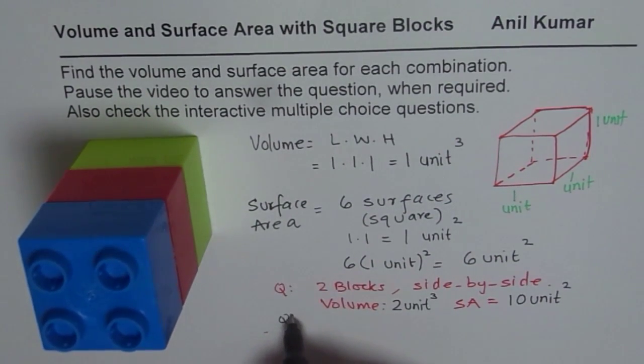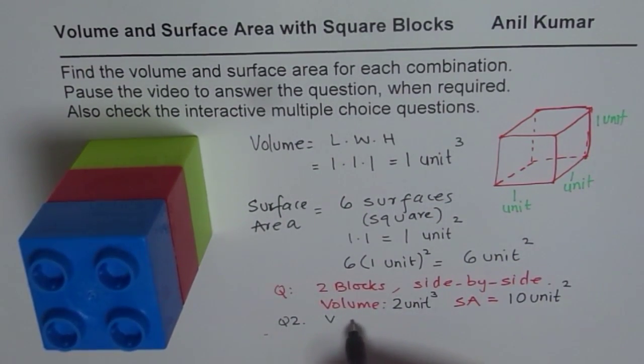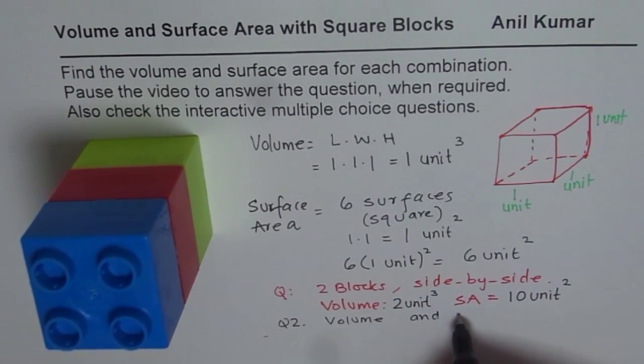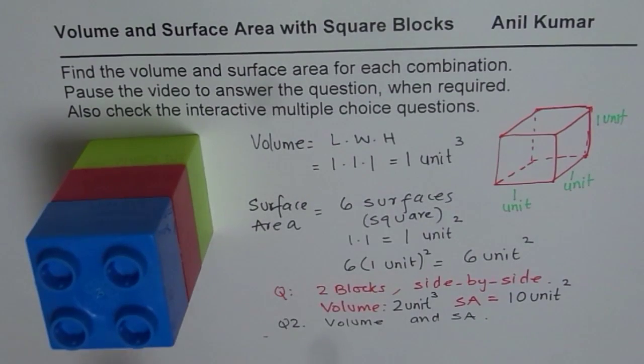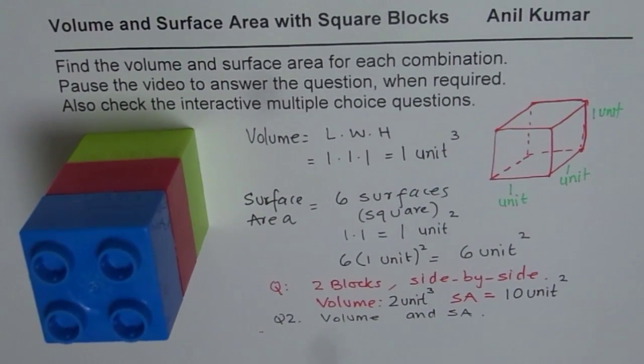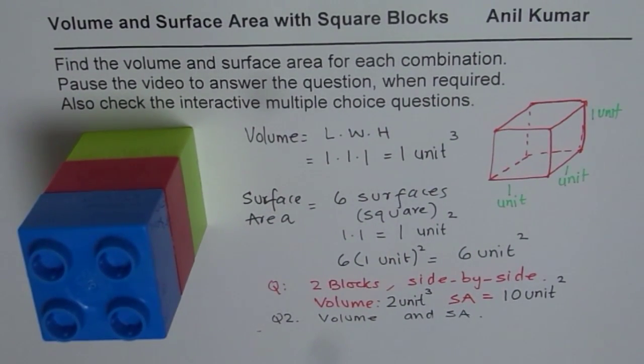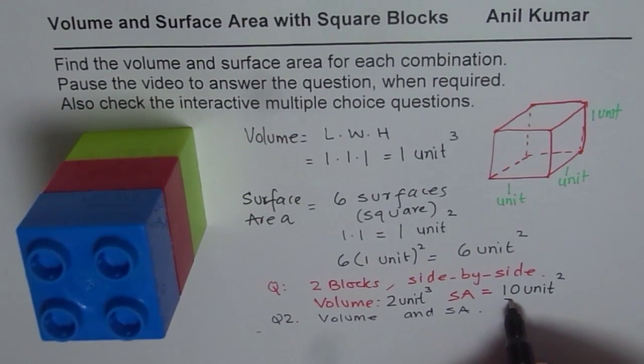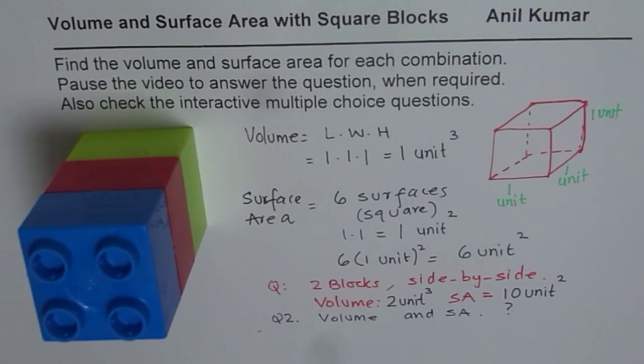So your question number 2 here is find the volume and surface area of this block shown here, where we have 3 blocks, one over the other, right? So answer this particular question and then move on to the next video. I hope that helps. Thank you and all the best.